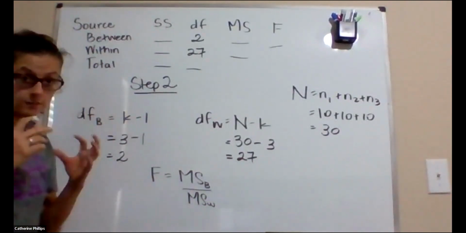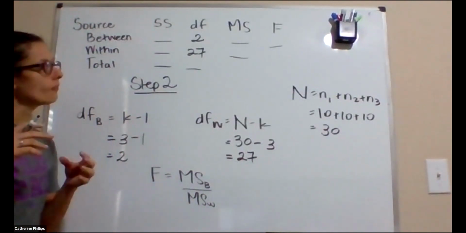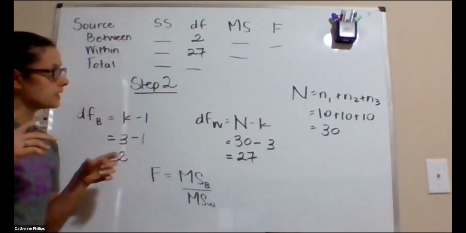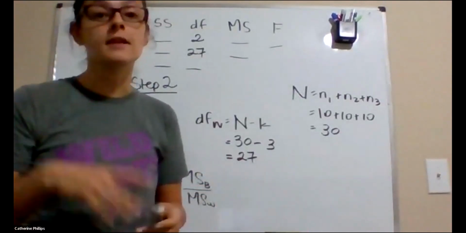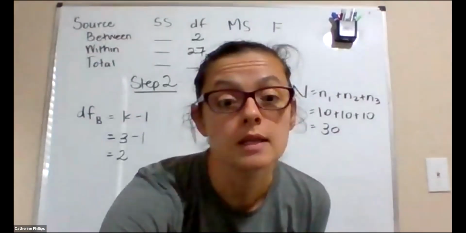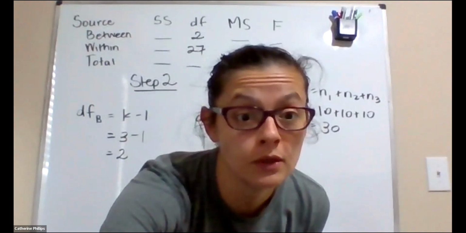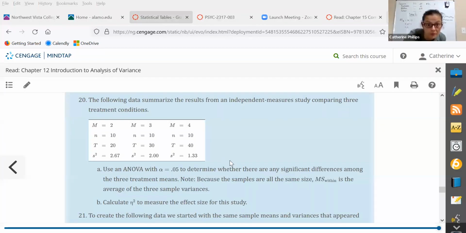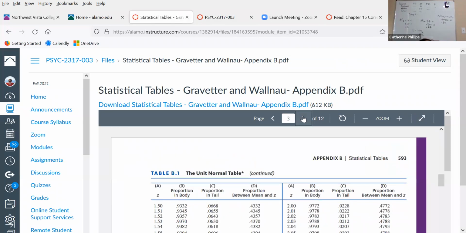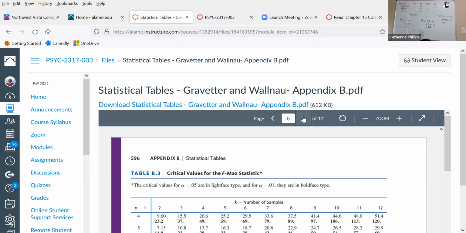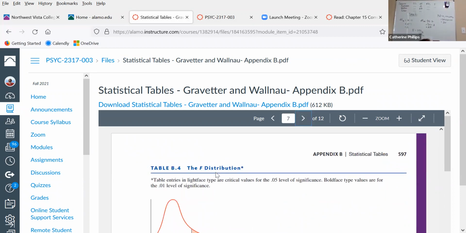Numerator is the top, denominator is the bottom. So the degrees of freedom of the numerator is 2, and of the denominator is 27. And so what we do now is we go to the statistical tables that I have loaded up here, and we're going to go to table B4, the F distribution.